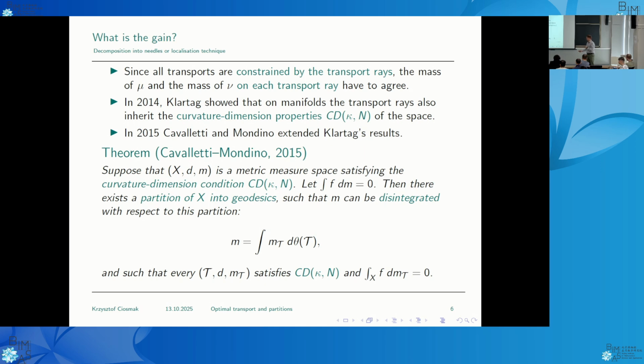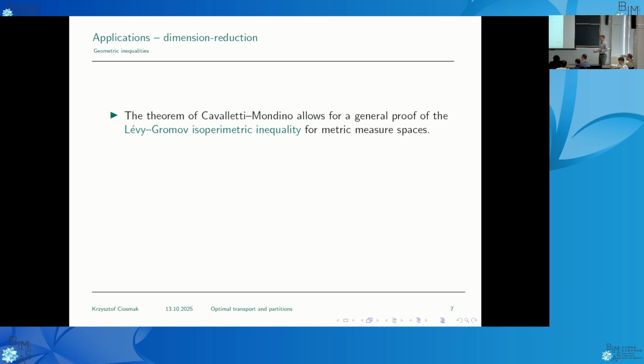So theta is a measure on the space of transport rays. This triple is a notation for an element of the partition.